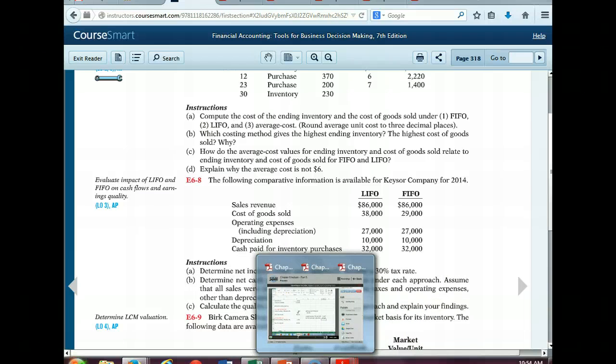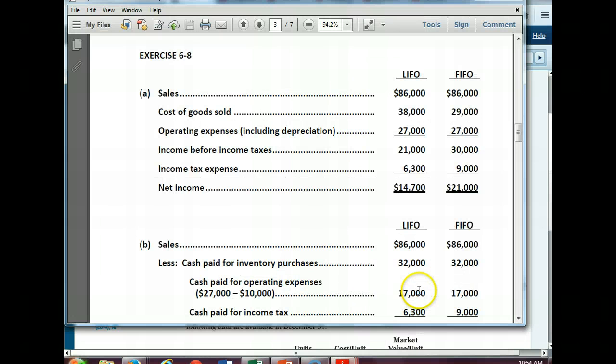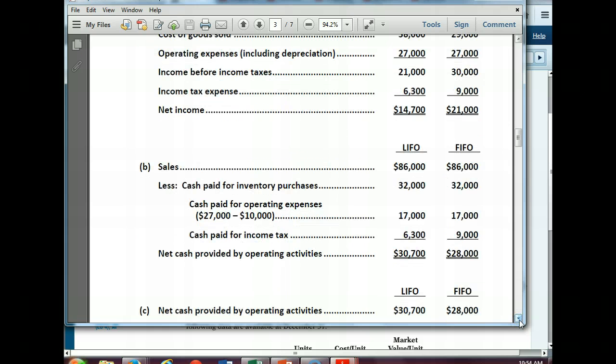If we go back here, we'll see we start with our sales. We show how much we paid for inventory. Then we show our cash for our operating expenses and the cash we paid for income taxes, and you can see under LIFO we've got more cash sitting here than we do under FIFO. The main difference is the income taxes were higher. Okay?